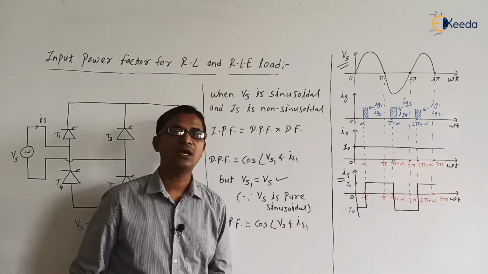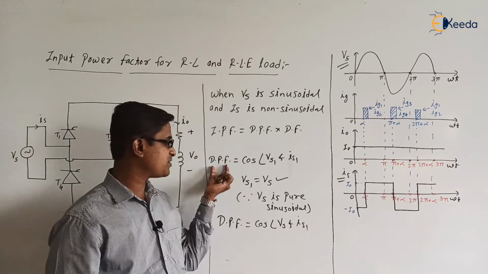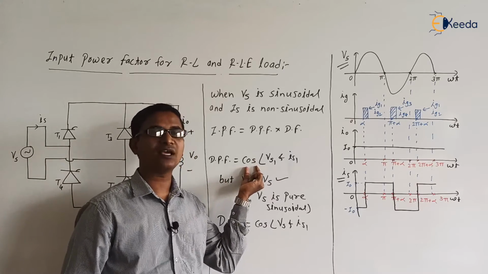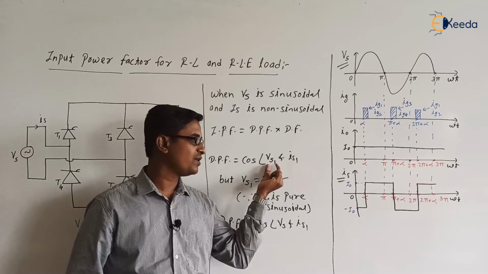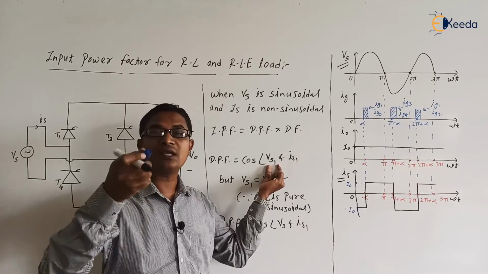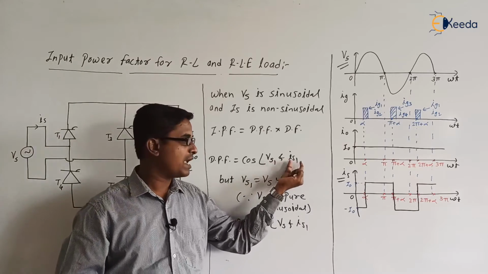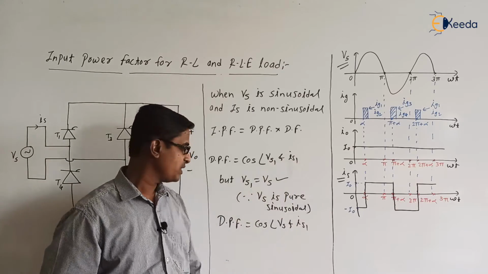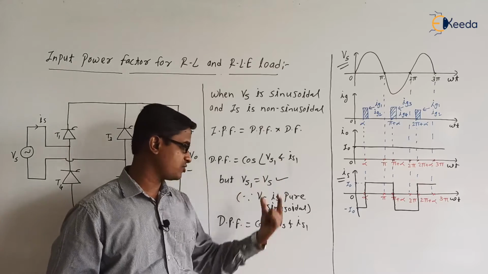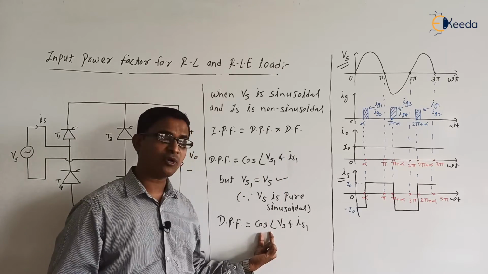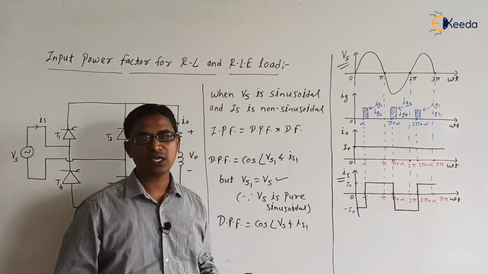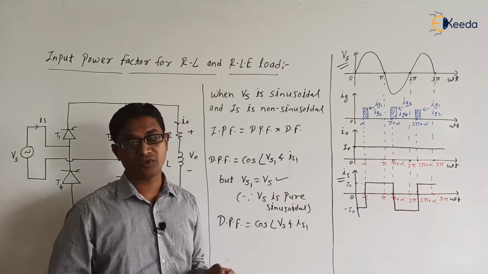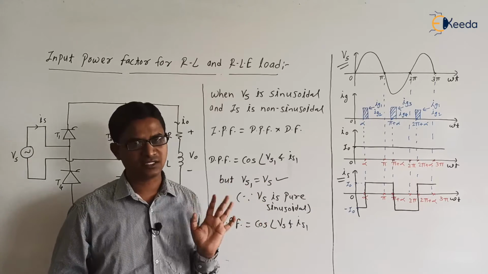Vs1 stands for the fundamental component of the supply voltage, and Is1 is the fundamental component of the supply current, or source current. Vs1 is Vs in our case. How to find Is1 we are going to discuss in the next video with the help of Fourier series analysis.